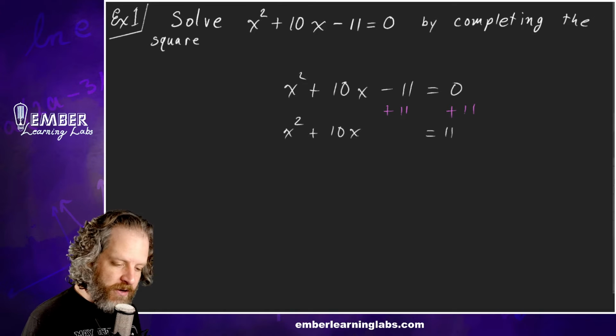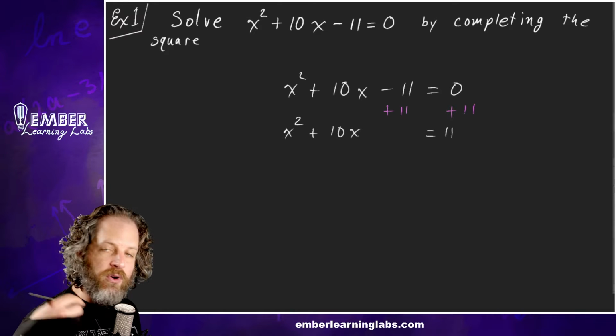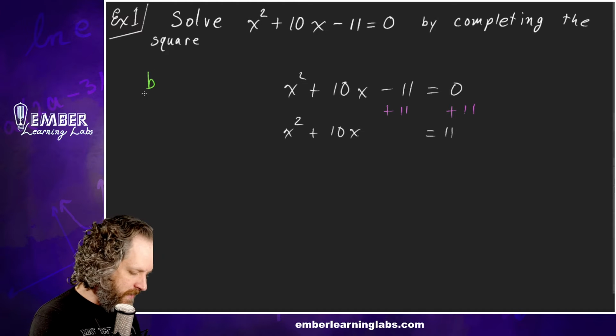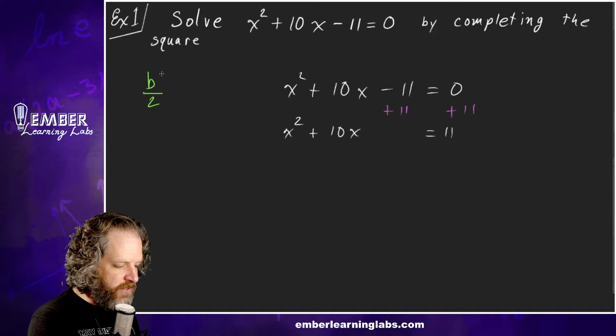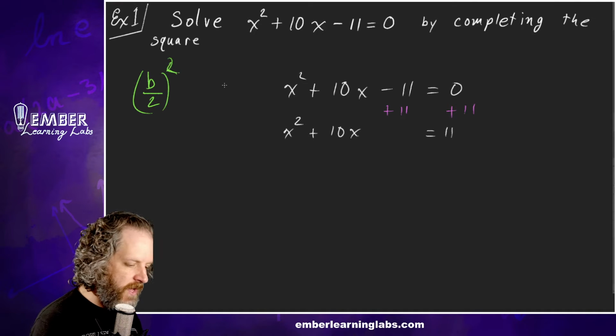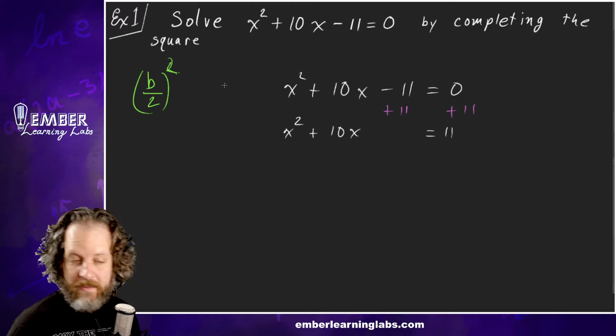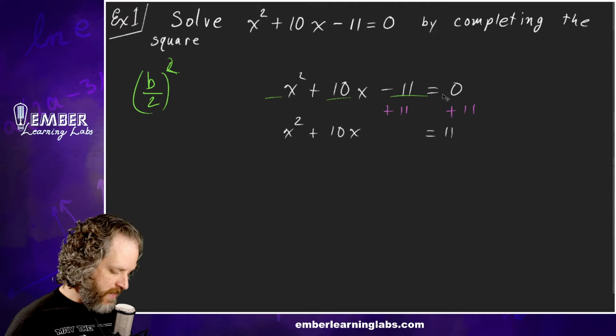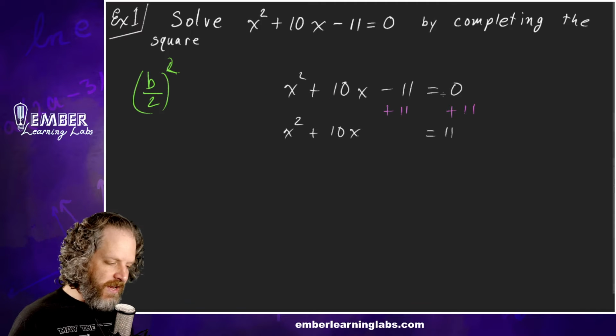Okay, so what we're going to fill this space with is b divided by 2 squared, always. So we're talking about the same ABC that we've talked about before. So we're going to do b divided by 2.